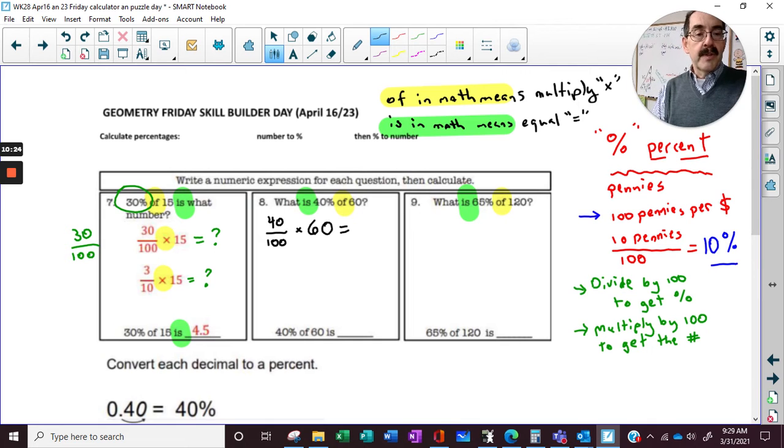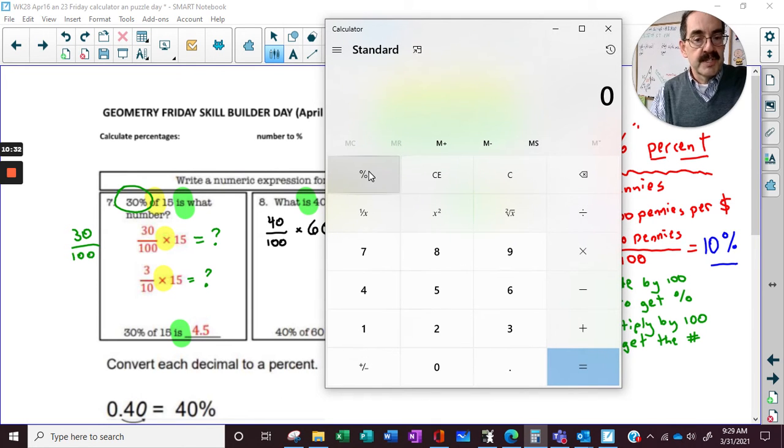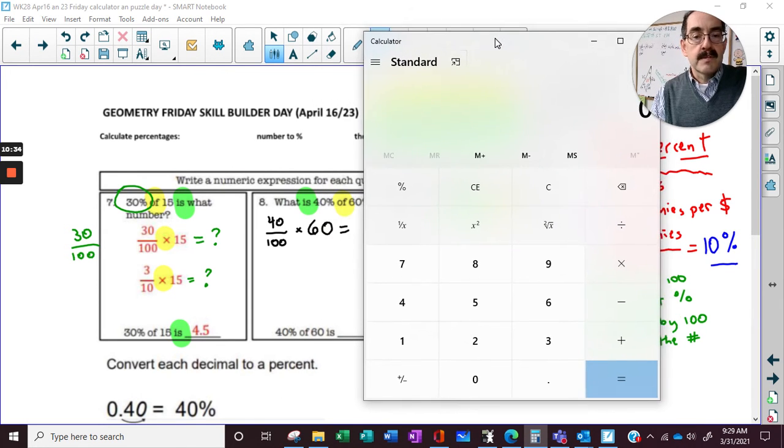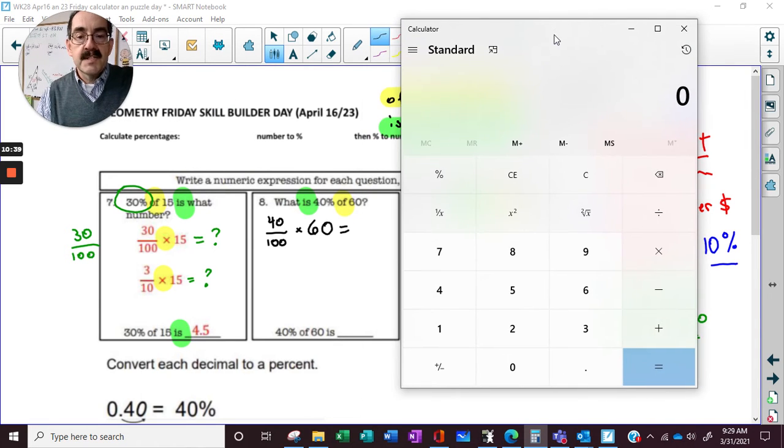But I want to show you the keystrokes. First, let's go to just a traditional, inexpensive calculator with a percent. Step one, we got to get the 40%. 40 divided by 100%.